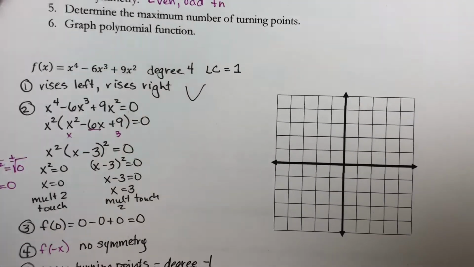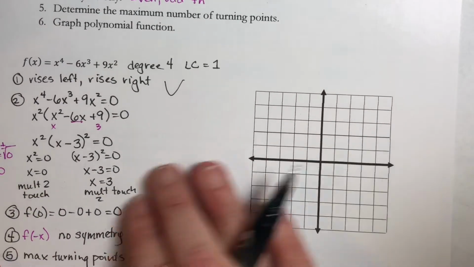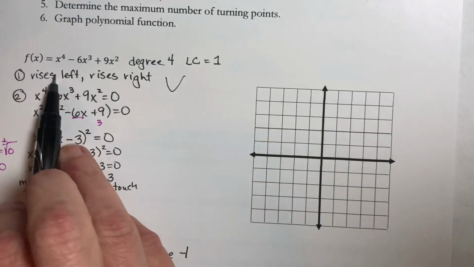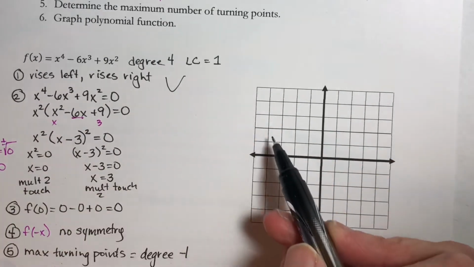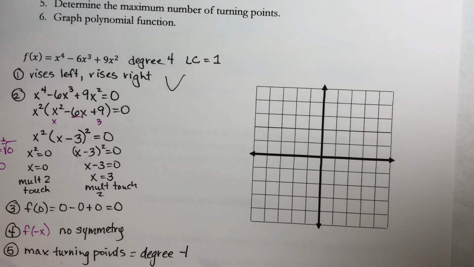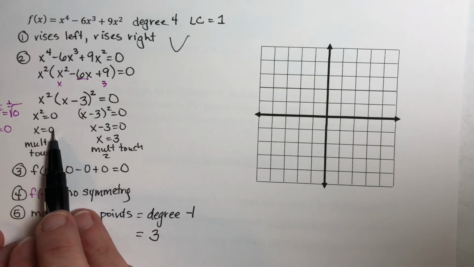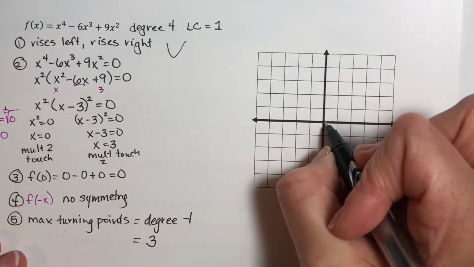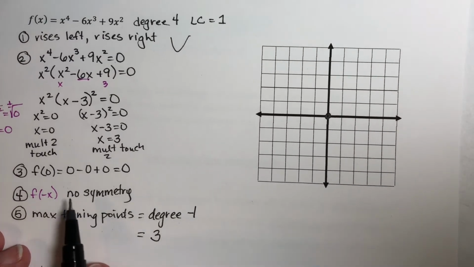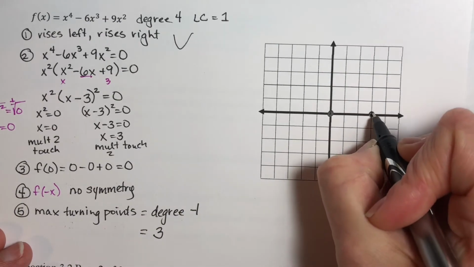And then our last step here is to get a graph. So I'm going to plug in all the information I have. I'm going to put it on my graph and then see what I get. Well, I know that it rises left and rises right. So I'm going to be coming in like this, doing some stuff in the middle, and then leaving this way. I know that I touch the x-axis at 0, which is here, and I touch the x-axis at 3, which is here.